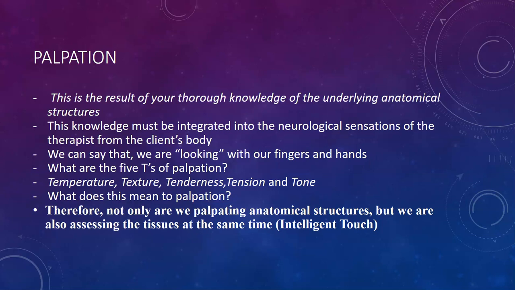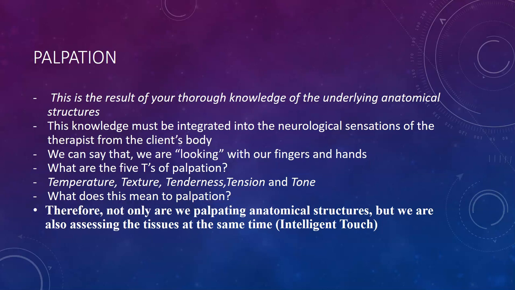So what does this mean to palpation, these T's? There is a reason why this next statement is in bold letters. Not only are we palpating anatomical structures, but we are also assessing the tissue at the same time. This is known as intelligent touch. It drives me a bit mad when I talk to people who go and see massage therapists who, for the entire time they're treating the patient, don't shut up and keep talking.